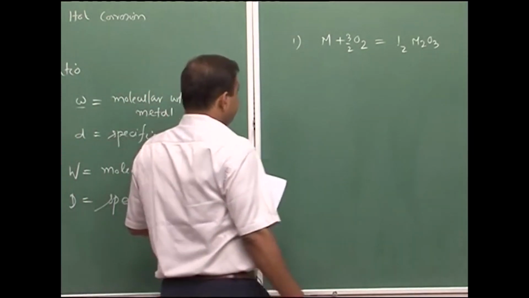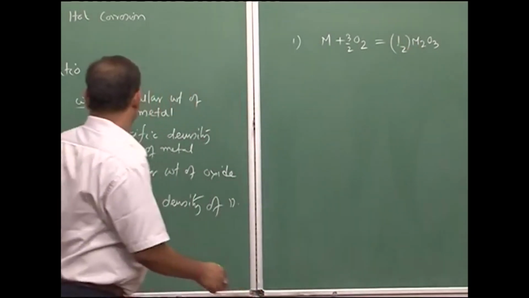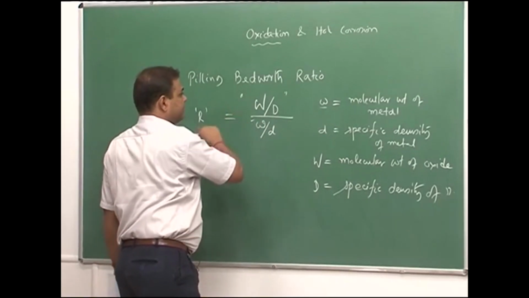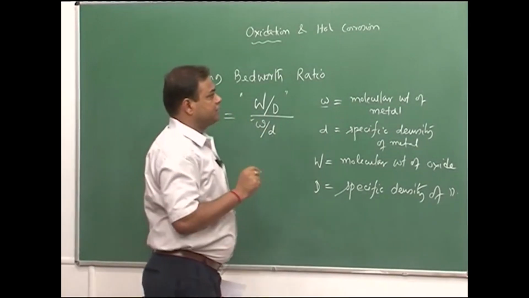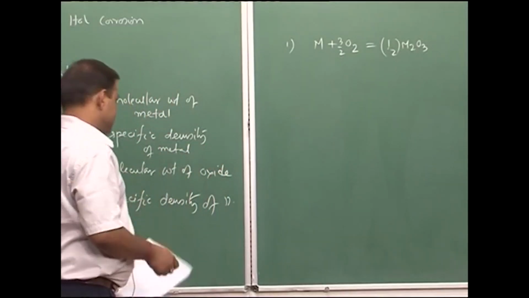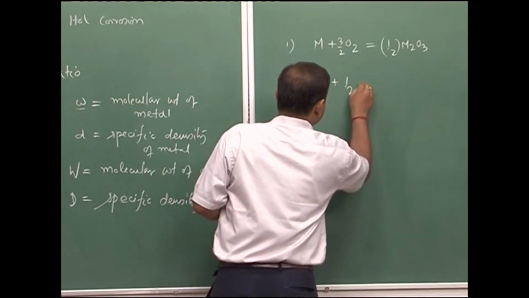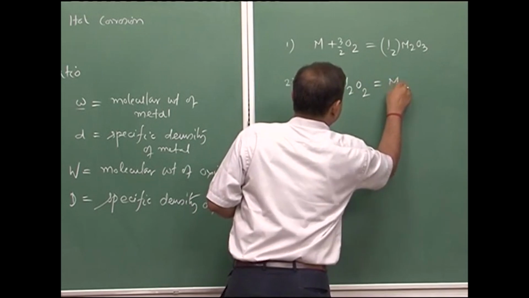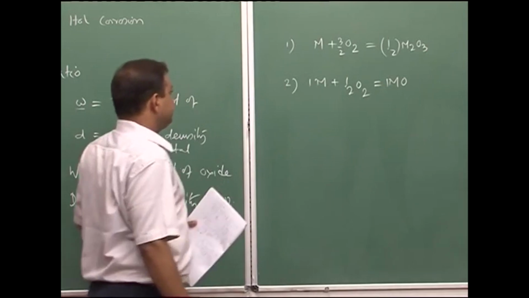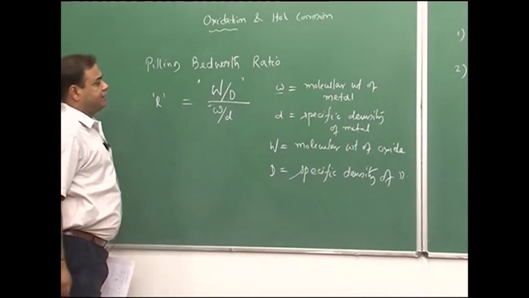In that case, this half factor would be multiplied with this particular ratio, because 1 mole of metal is giving half a mole of oxide. Now, if the reaction is of this nature, 1 mole is giving 1 mole of oxide, and there the multiplication factor would be 1.